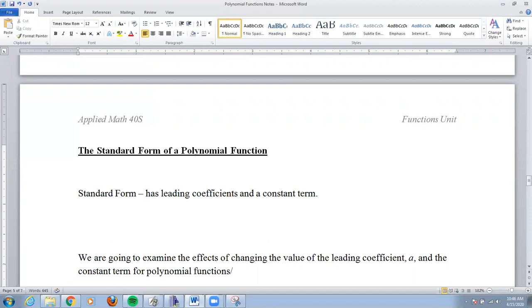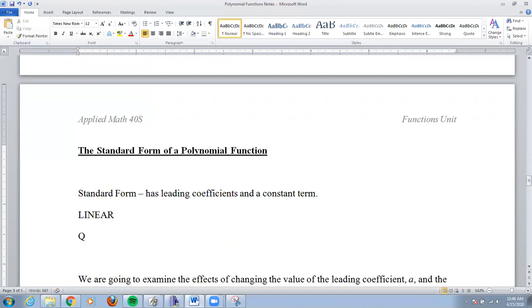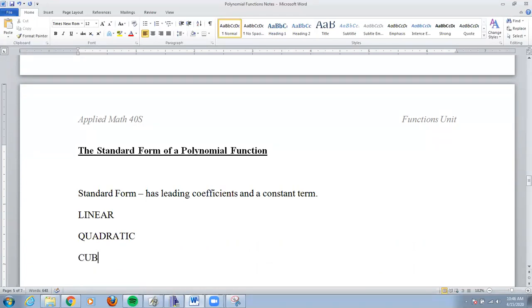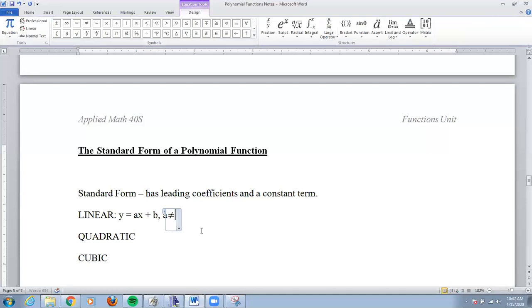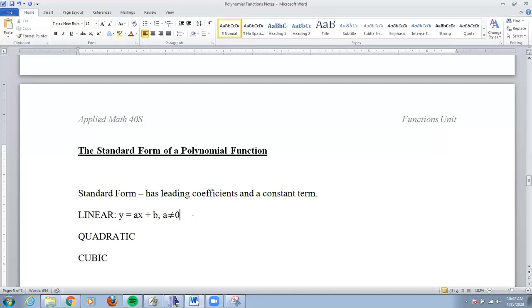So for example, if we're talking about linear, and then quadratic, and then cubic. The linear would be y equals ax plus b, where a cannot equal 0, and b would be the constant term.